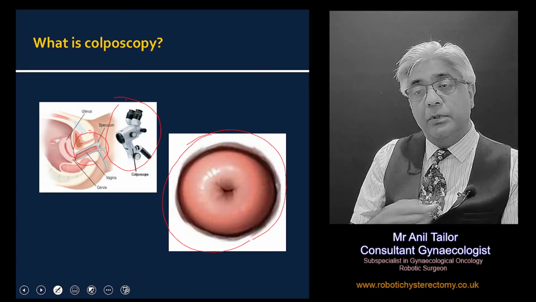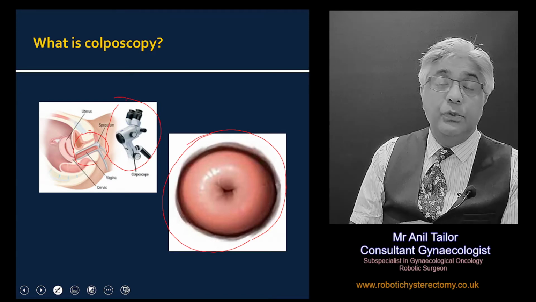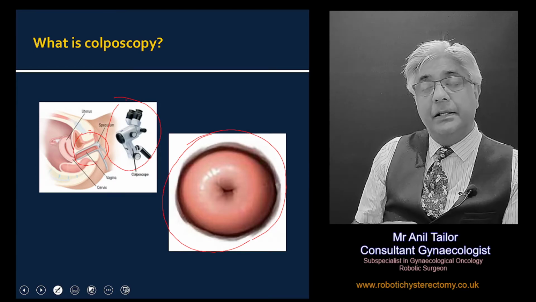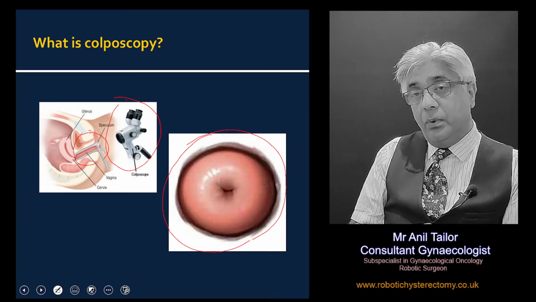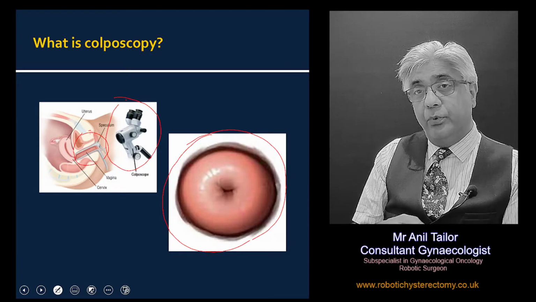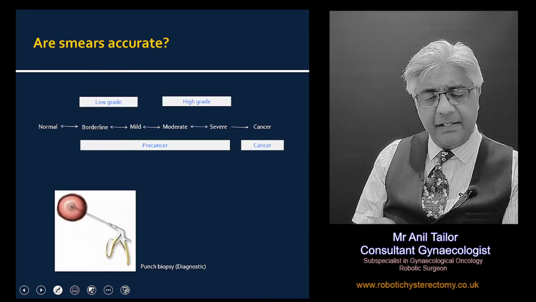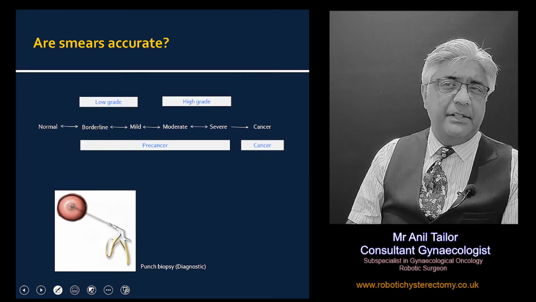And then we will wash some of the mucus away using a mild vinegar solution, and by doing that, the acetic acid or the vinegar solution will also show up the abnormal cells as a white patch, and that essentially is colposcopy.